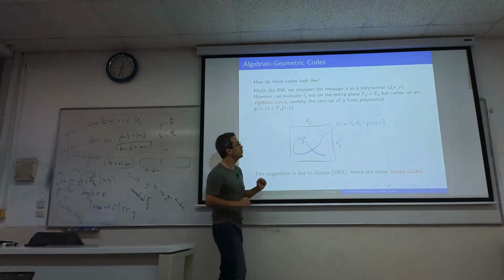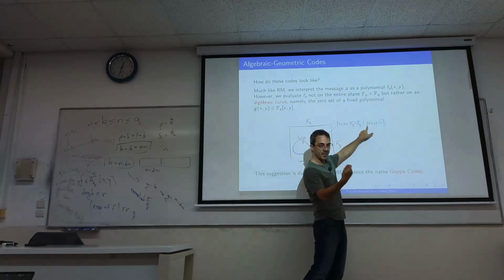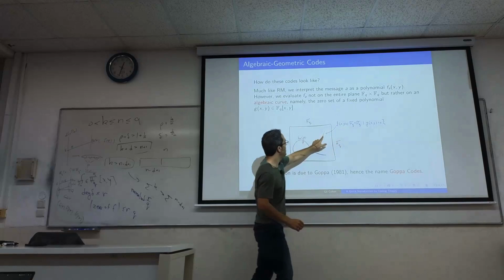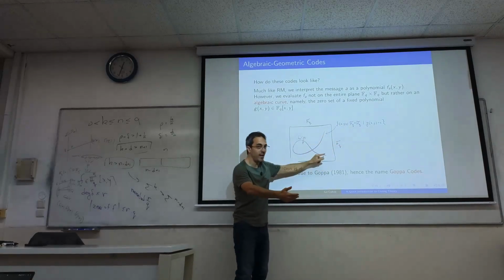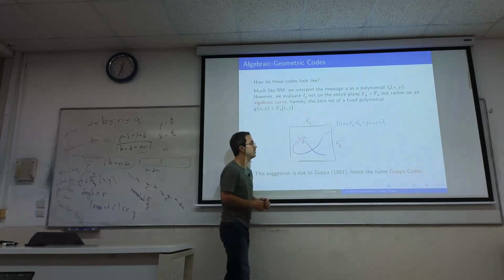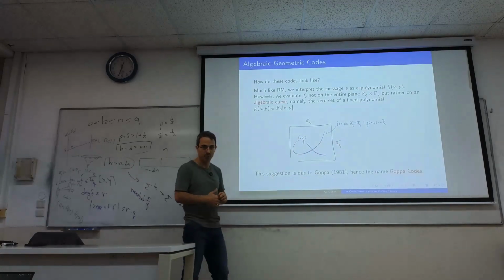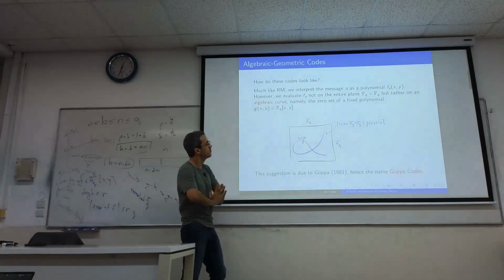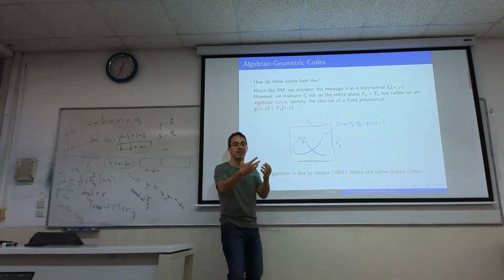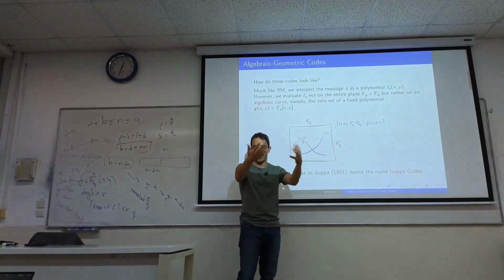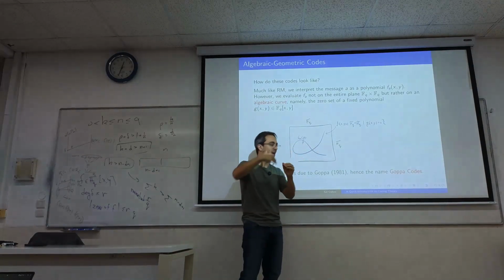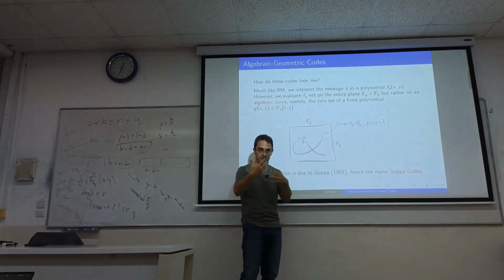Namely, you're going to have this polynomial g as part of the description of the code, say a bivariate polynomial, and the set over which you are going to evaluate is the zero set of that polynomial, namely all (x,y) in the plane on which g vanishes. That's very different, right? In linear systems, it doesn't matter. The kernel and the image of a linear map are vector spaces. But when you talk about polynomials, there is a big difference between their image and their zero set. It's a different object.